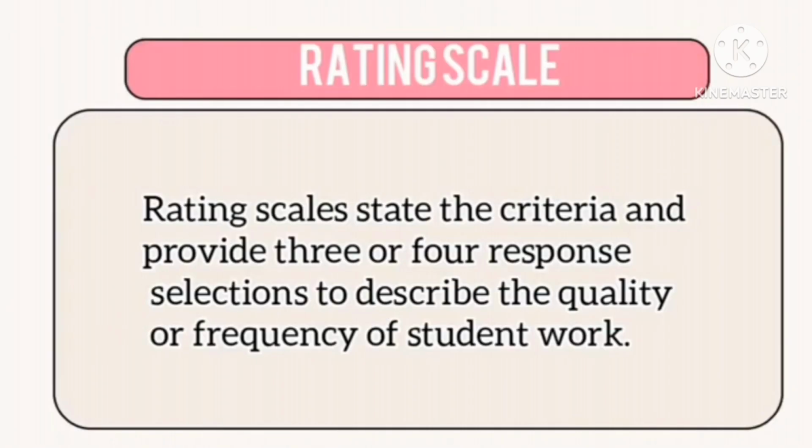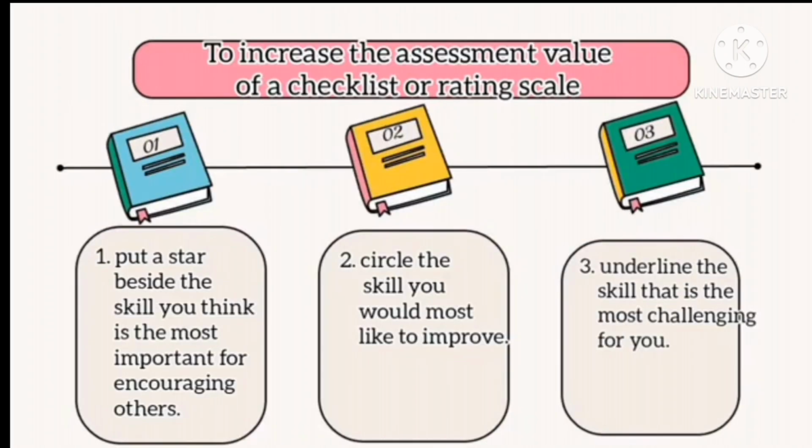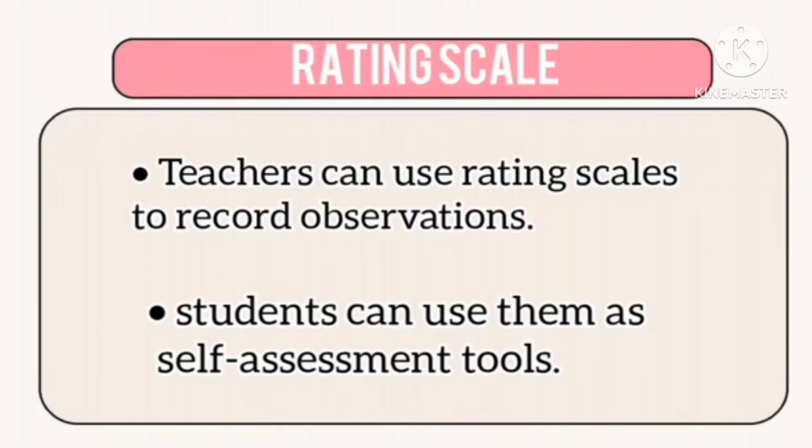Rating scales state the criteria and provide three or four response selections to describe the quality or frequency of student work. To increase the assessment value of a checklist or a rating scale, put a star beside the skill you think is the most important for encouraging others. Circle the skill you would like to improve. Underline the skill that is most challenging for you.